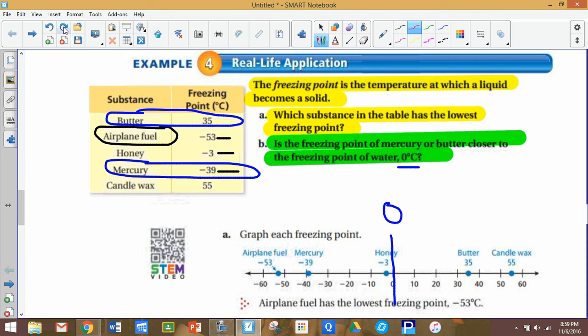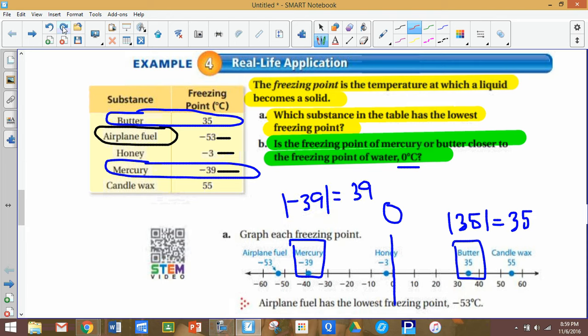So you would put mercury on your number line, and then you would put butter on your number line. But then you have to find your absolute value, the distance it is from 0. So the absolute value of 35 is 35. And the absolute value of negative 39 is 39.